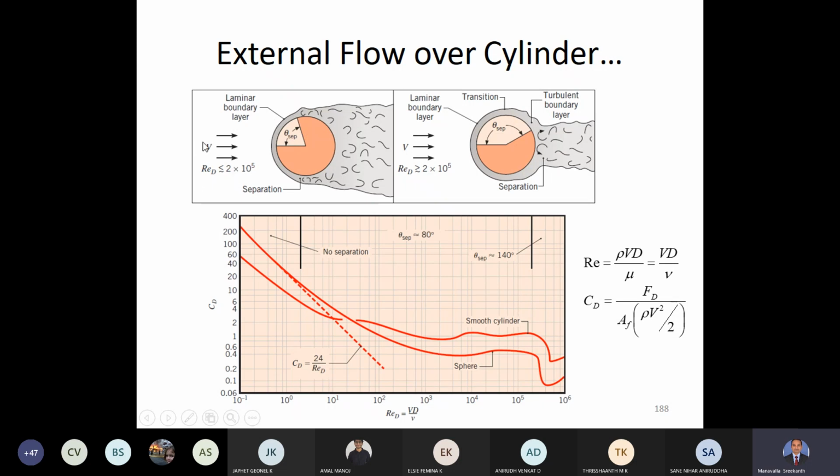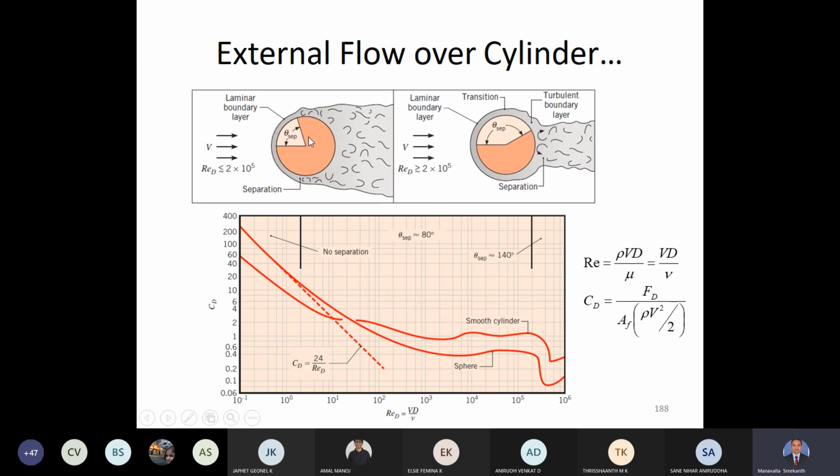The flow is approaching the object, and at this angle the flow separation starts taking place. That means this entire region is a region of eddies, and this contributes to a large amount of drag force, which is quantified by the coefficient of drag, or the drag coefficient.